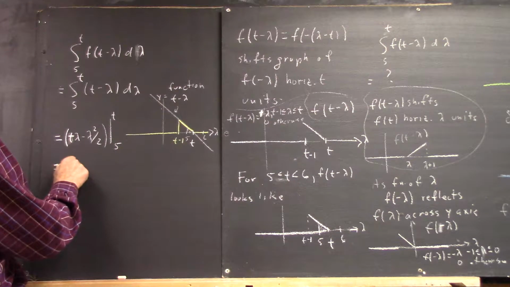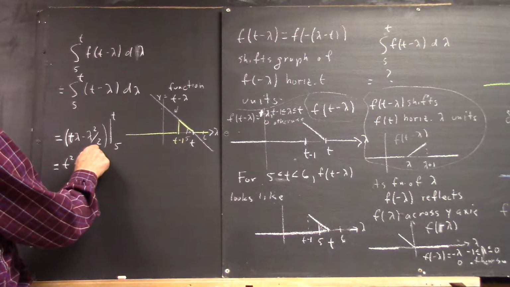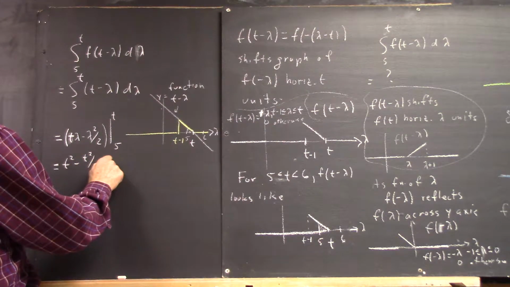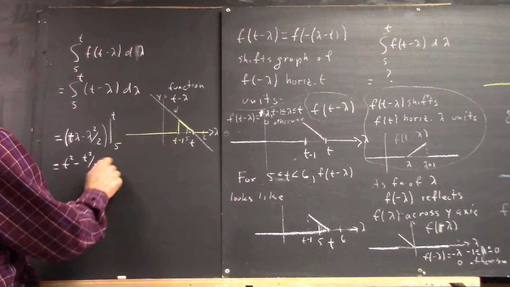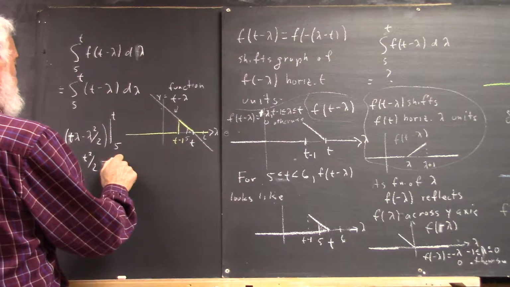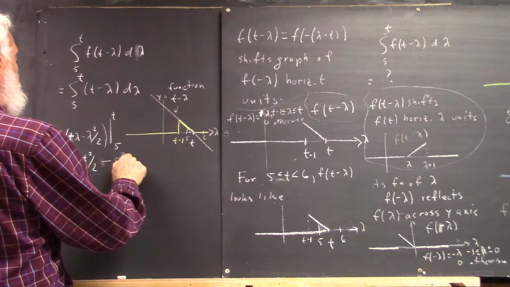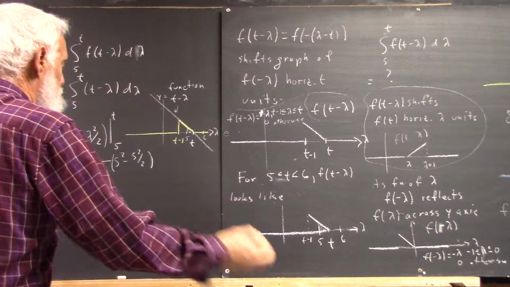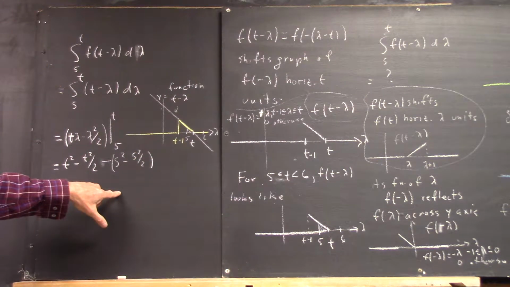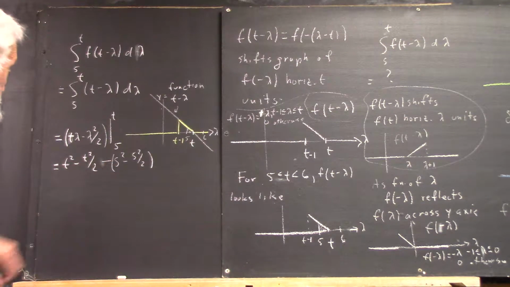And that's t squared minus t squared over 2, minus 5 squared minus 5 squared over 2, just to write it this way so we keep track of what's happening with that 5.